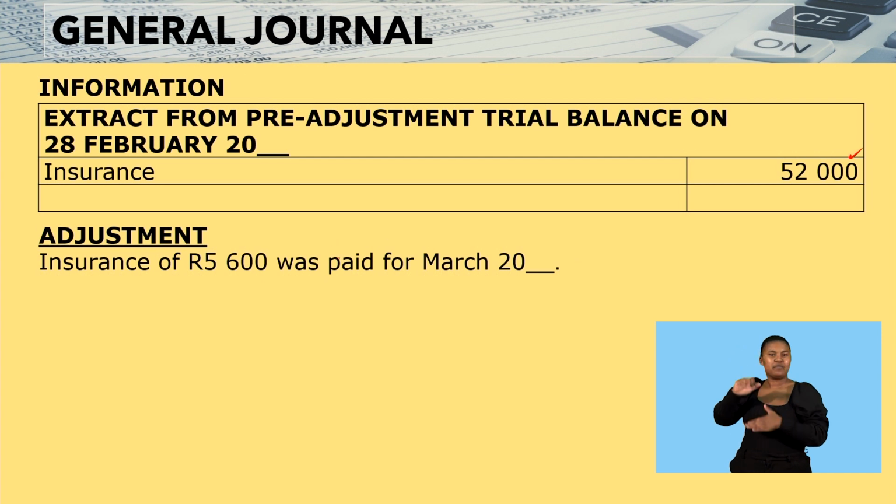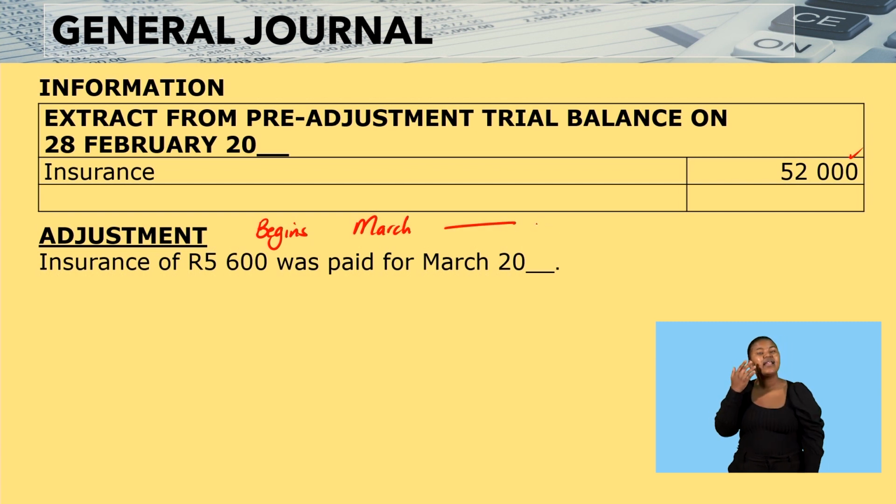It is important for us to understand that when a financial period begins, let's say it begins in March of this year, it will end in the following year, in February.